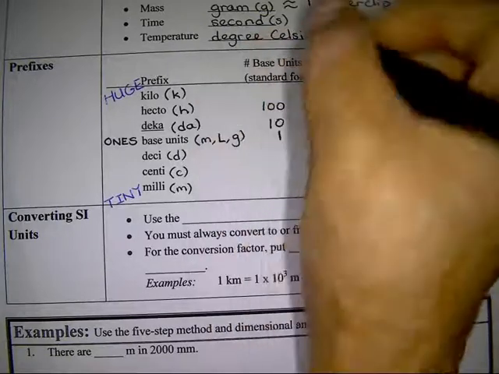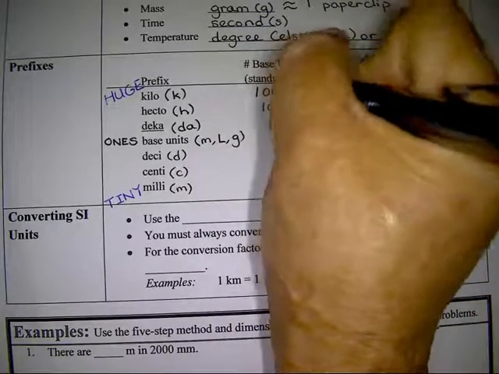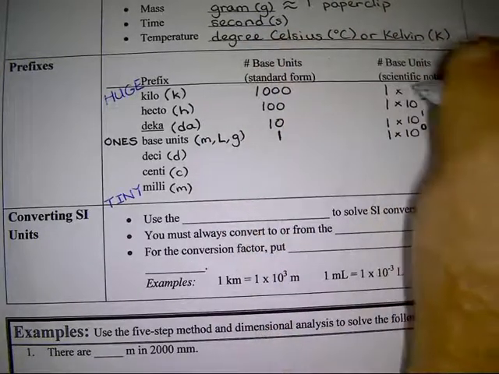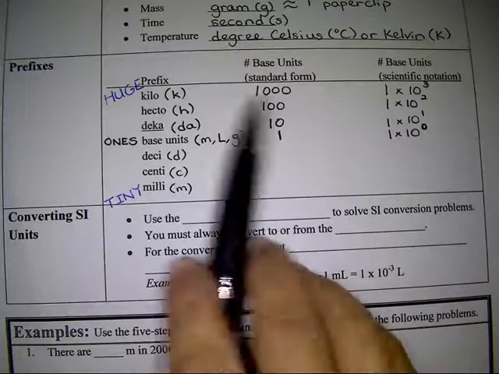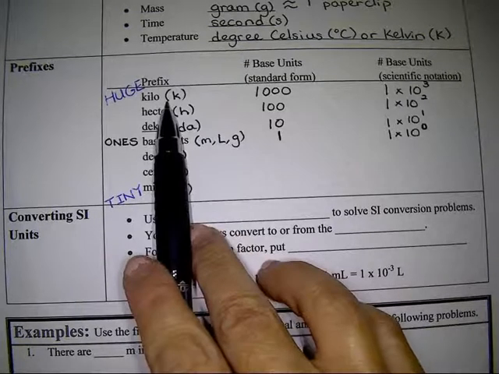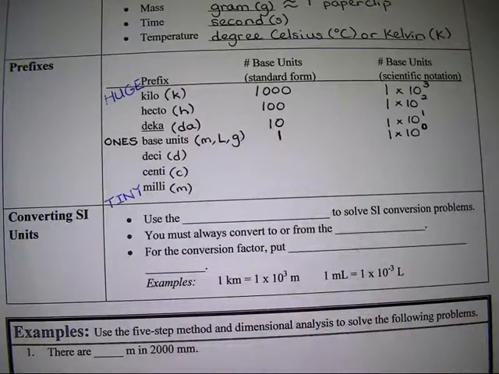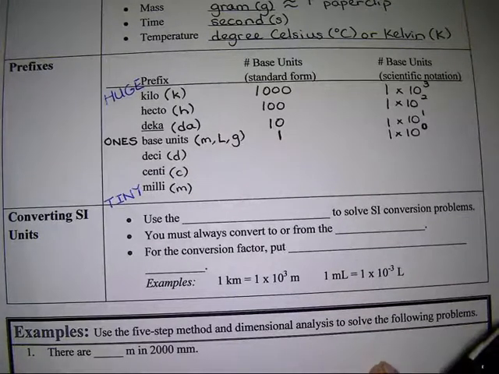And kilo is 1,000. 1 times 10 to the 3rd power. If you think when people say that they have 5K, that means they have $5,000, right? Okay, so K, the kilo, is 1,000. You can also think of a kilobyte in computer speak. Okay, kilobyte is 1,000 bytes.